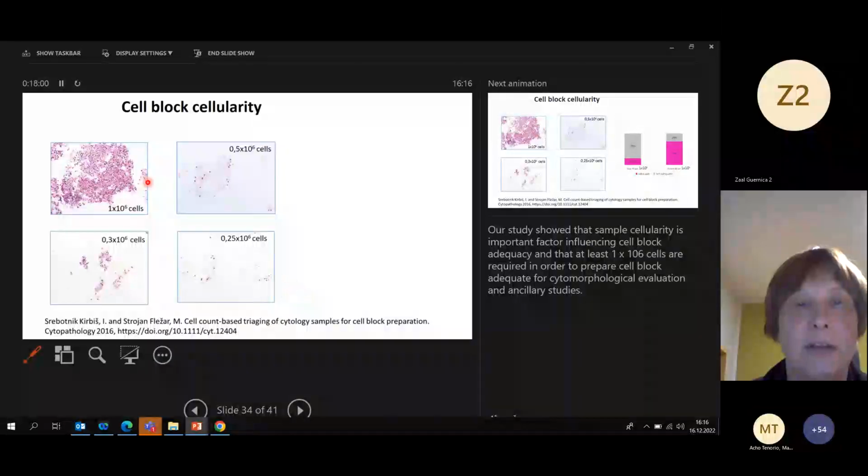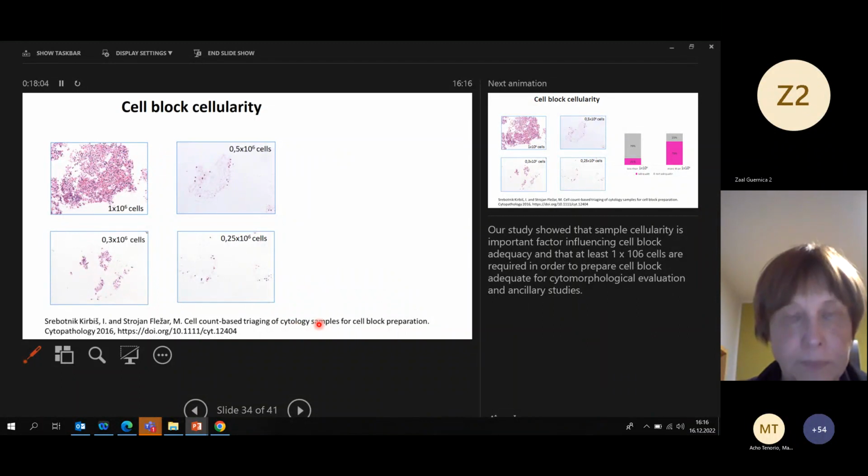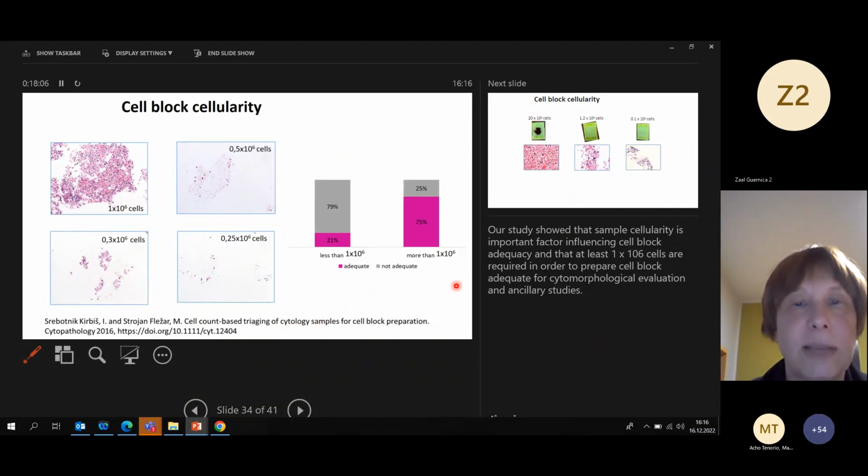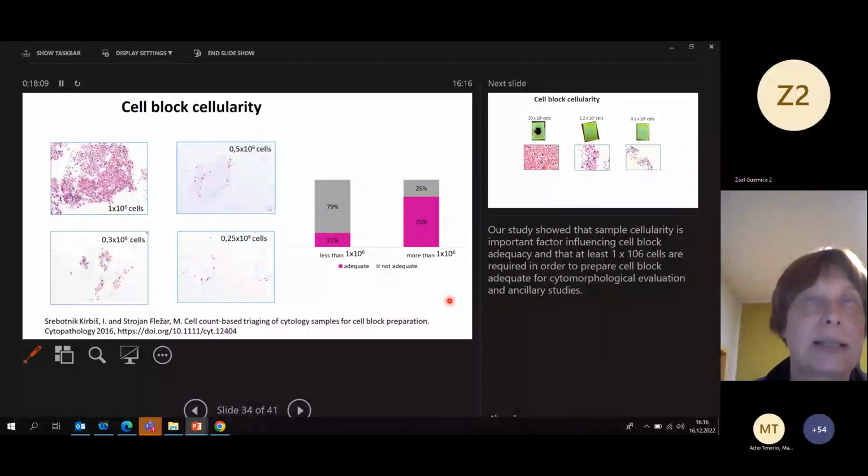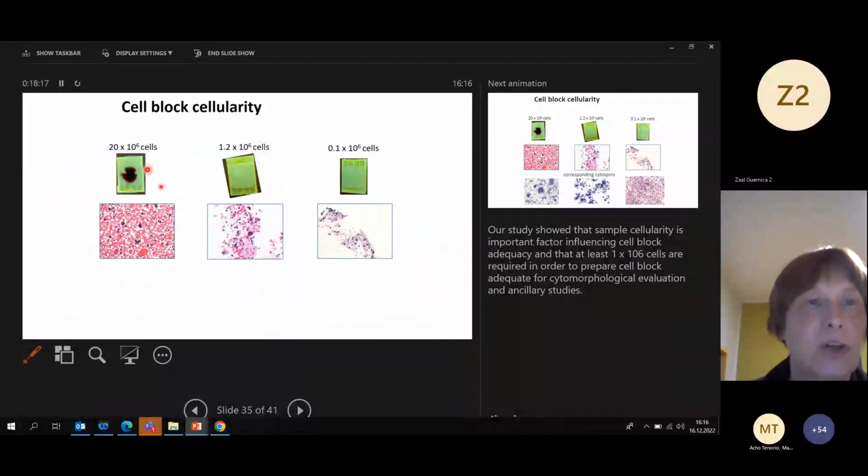This is a nice demonstration of our final results, confirming that in order to assure adequate cellularity of the cell block, you have to have at least 1 million cells. And here you can see cell blocks and H&E sections prepared from different samples with different cellularity: high cellular, medium, and low cellular samples.